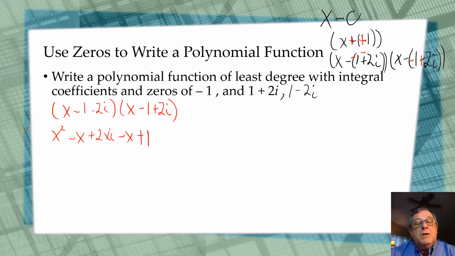And -1 times positive 2i is plus 2i. So I finished multiplying with -1. Let's hit with the -2i. -2i times x is -2xi. -2i times 1 is positive.